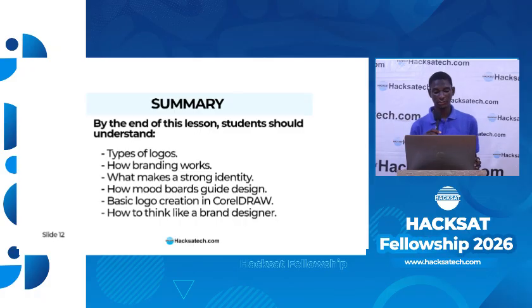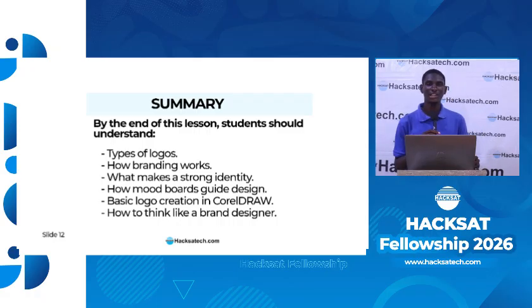So in today's class summary, I believe and I hope each and every one of you has learned about the types of logos we have: the watermark logo, the icon logo, and the combination logo. And then you learned how branding works, what makes a strong identity, and then how the mood board guides design.